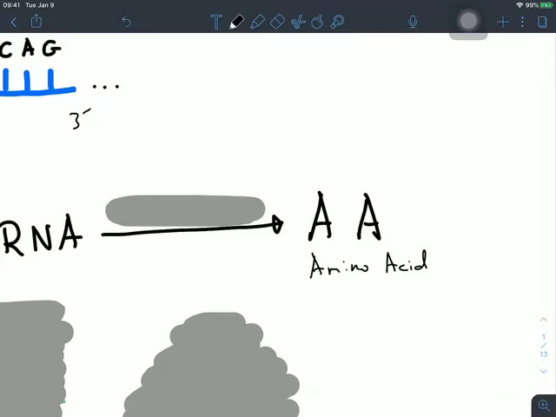And when a bunch of amino acids are joined together, we call them a polypeptide. That's a fancy way of saying a protein. We call them a polypeptide because they have many peptide bonds.